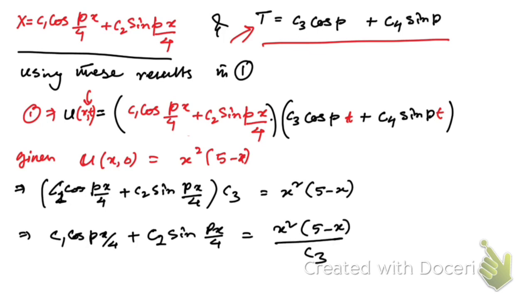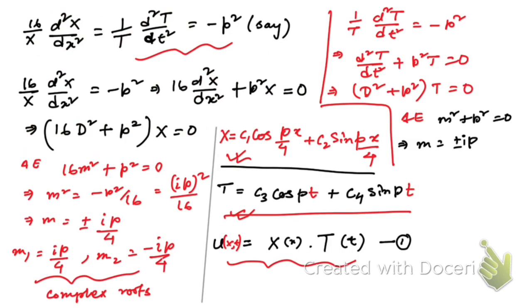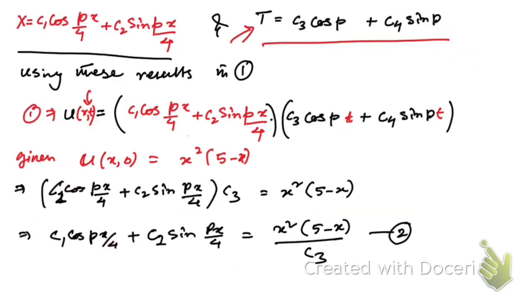That's what we can have. This is, suppose, equation number 2. Now let me use this equation here. Just wait, so let me give this as 2 and make it 3.